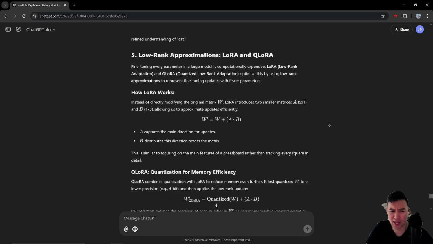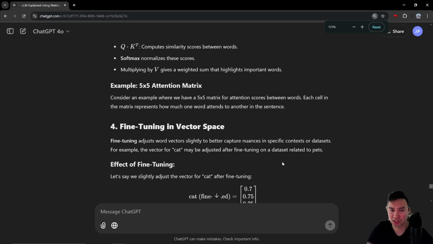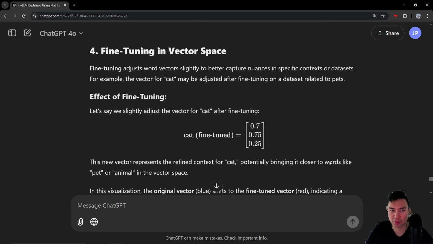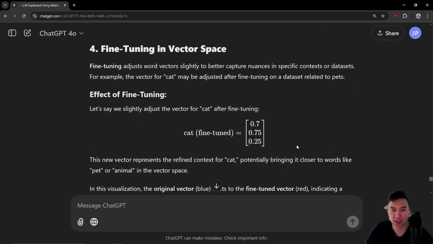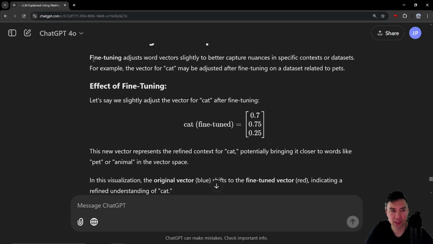I realized that after I started getting the visualization, it started to make sense, right? Because we all just use large language models, but we don't know the math behind it. Once you see it in graphical format, it makes sense. So yeah, fine-tuning in the vector space. Fine-tuning adjusts word vectors slightly to better capture nuances in specific contexts or data sets.